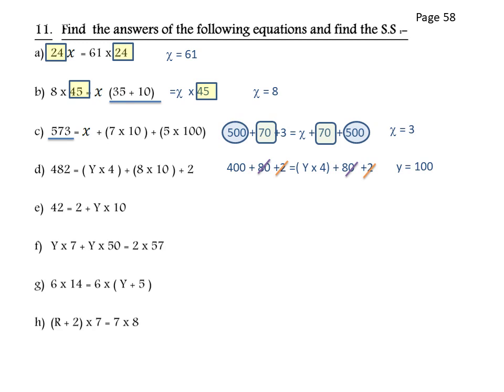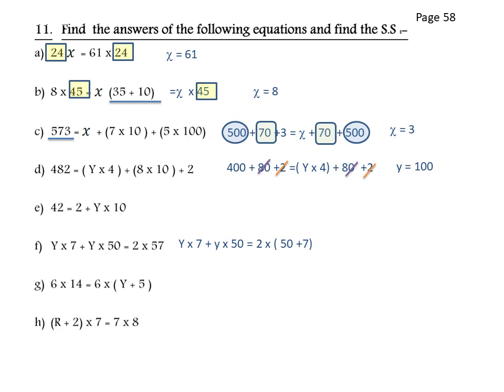When I have times and plus as two different operations, it reminds you of the distributive property. I can write 2 times 57 in distributive property to make it easier: 50 plus 7.